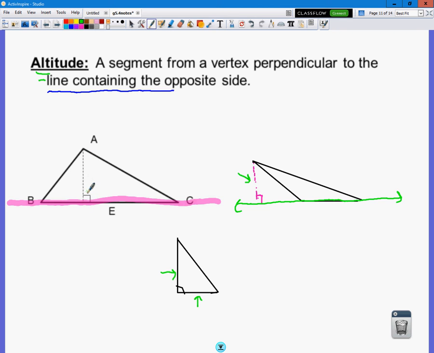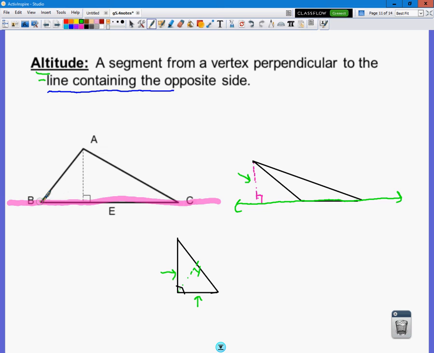How many altitudes do all triangles have? There's actually 3. You can draw an altitude in from any of the vertices. There's 2 right here. I could draw in a third one. There's 1 here.